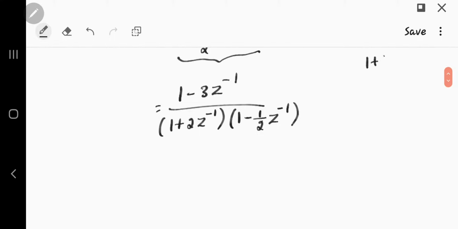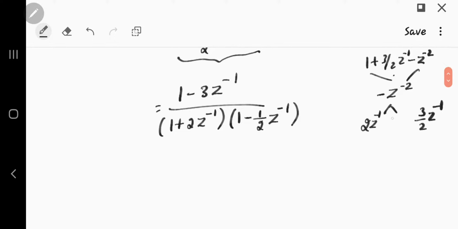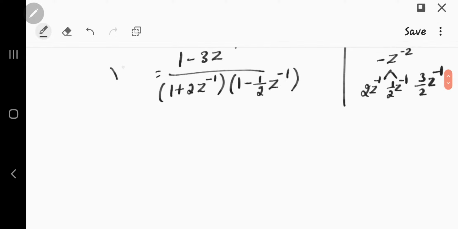You can check this: the factors should give 3/2 z⁻¹ when added, and when multiplied they should give z⁻². So the factors are 2z⁻¹ and 1/2 z⁻¹. This is just for your reference.